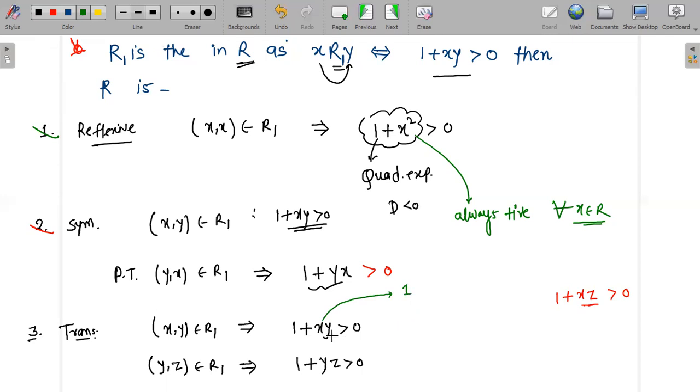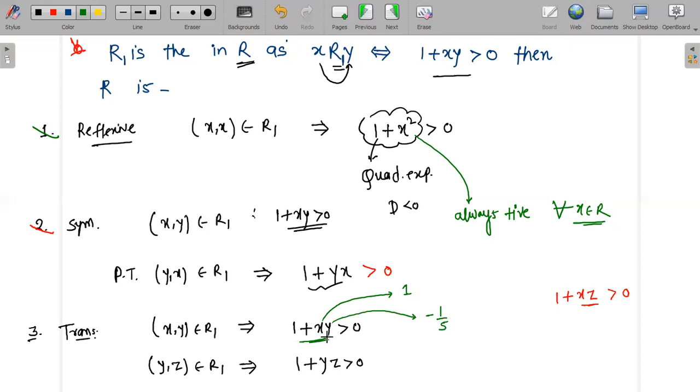If x is 1, then I should put a value of y which is negative. Let me take any rational value, let it be negative 1 by 5. So I know 1 minus 1 times negative 1 by 5 is still greater than 0 because we are getting a positive value, 4 by 5. This is what is given.